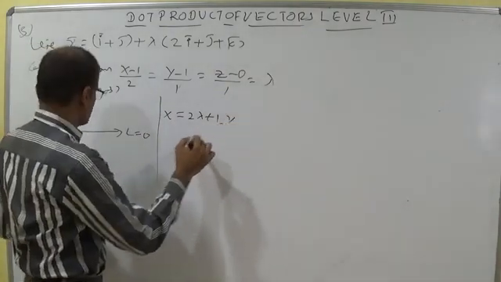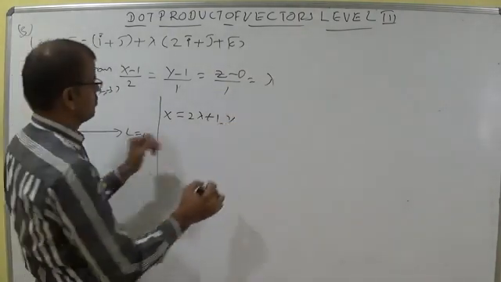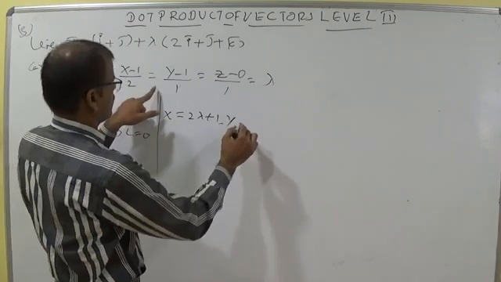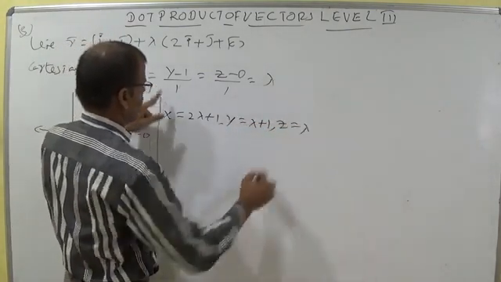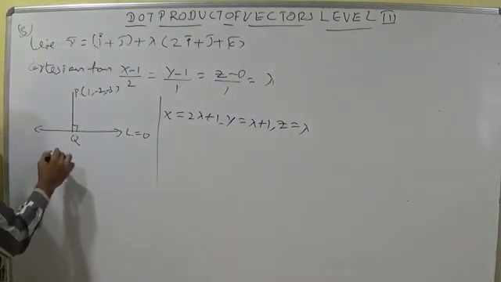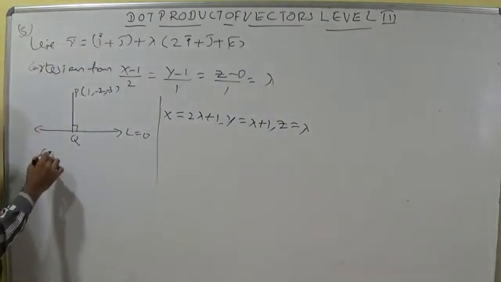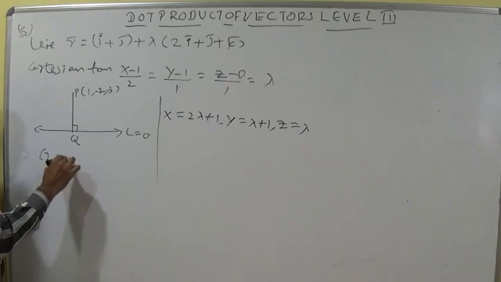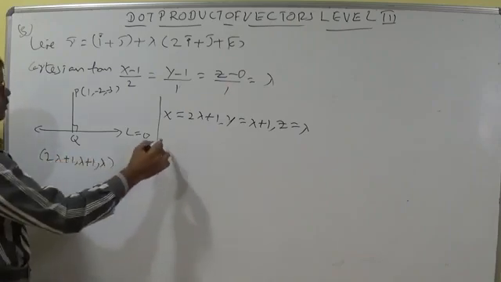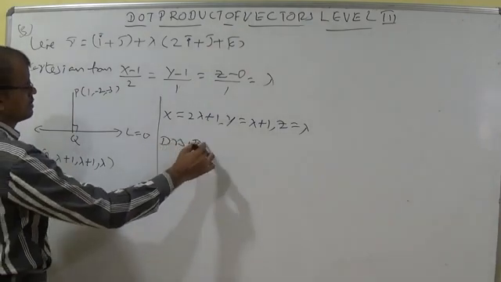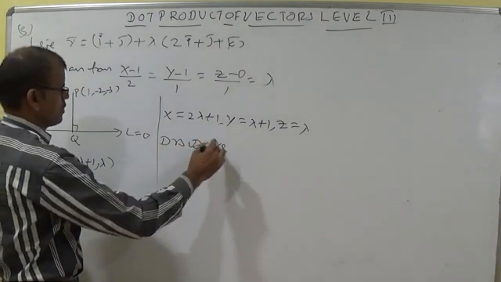Next, y is equal to lambda plus 1 and z is equal to simple lambda. Now, if Q you write here, the coordinates of Q are 2 lambda plus 1 comma lambda plus 1 comma lambda. Now, you write here DRs, means direction ratios of PQ.